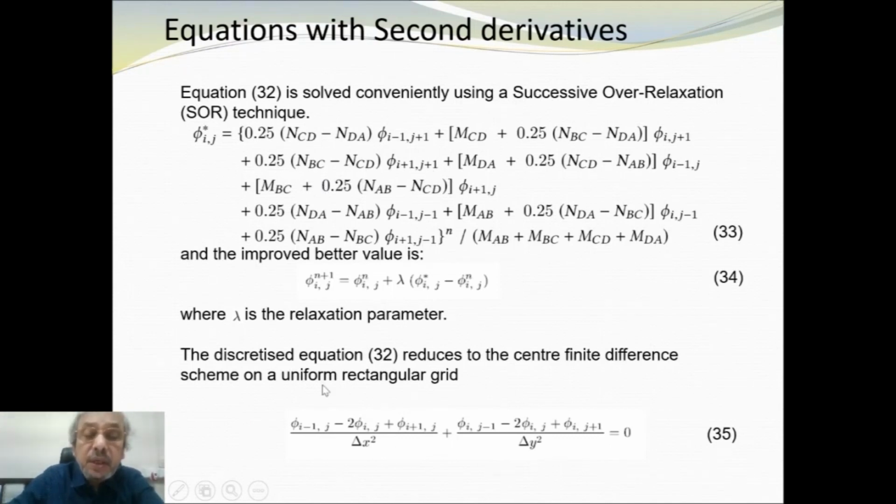This expression will be transformed into equation 35, which is phi I minus 1j minus twice phi ij plus phi I plus 1j divided by delta x square, plus phi ij minus 1 minus twice phi ij plus phi ij plus 1, divided by delta y square.